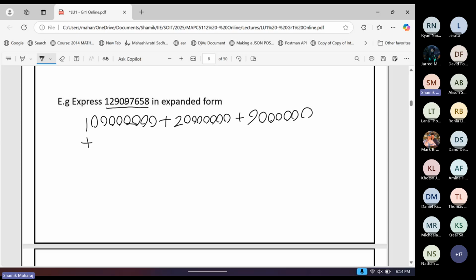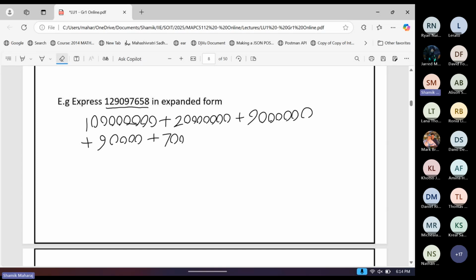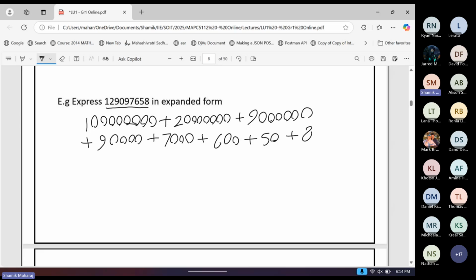After the 9, the next 9 should have, I lost count, how many zeros? 4, and so on. You guys get the idea. 7 has 3 zeros. Let's try that again. 6 has 2 zeros. 5 has 1, and 8 has no zeros. Simple as that. So that's standard form.